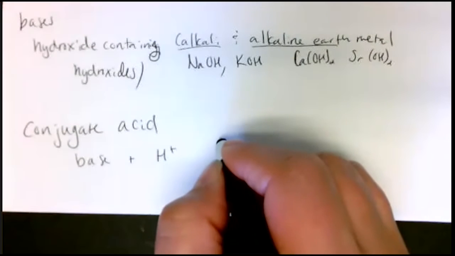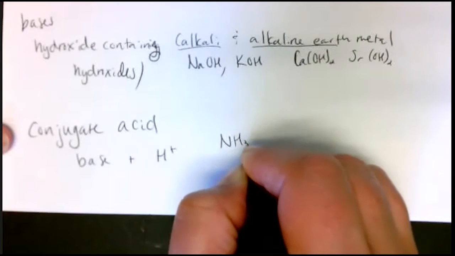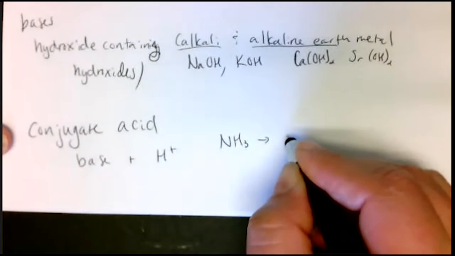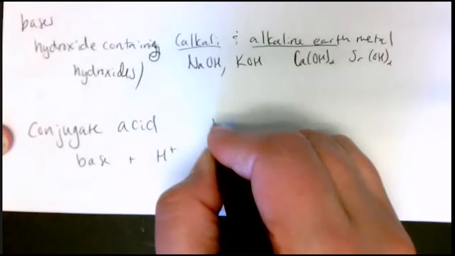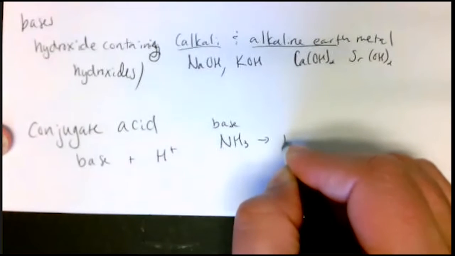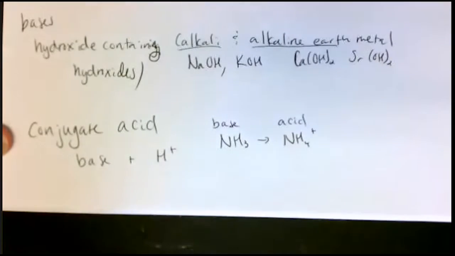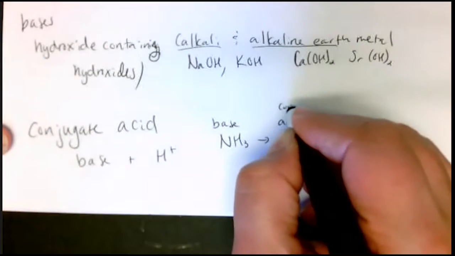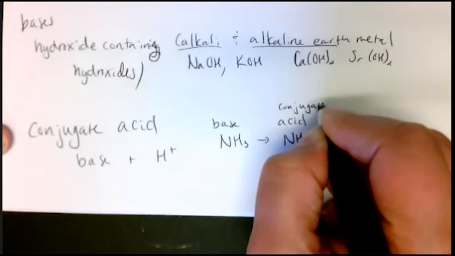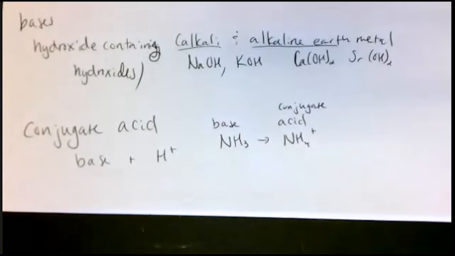Okay, so if NH3 is our base, NH4 plus is our acid, or conjugate acid. Will we have to be able to tell if it's an acid or a base? Yes. You need to know if it's an acid or a base.